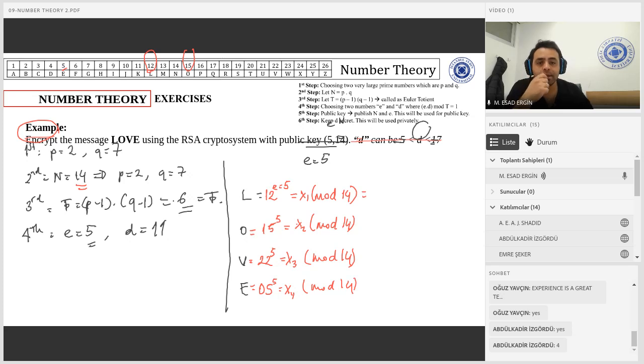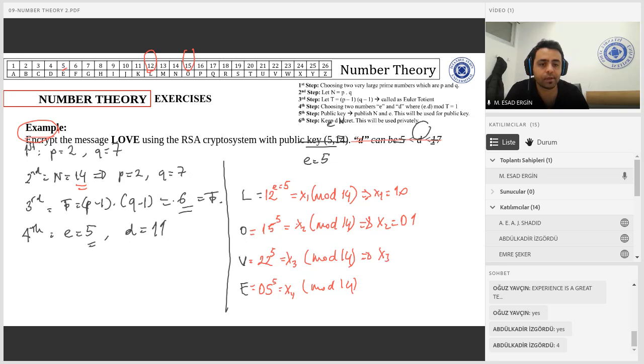So let us use our calculator. 12 power of 5 in modulo 14 will be 10. Let me say that is x1 equals 10, and x2 equals 15 power of 5, and in modulo 14 the result will be 1.